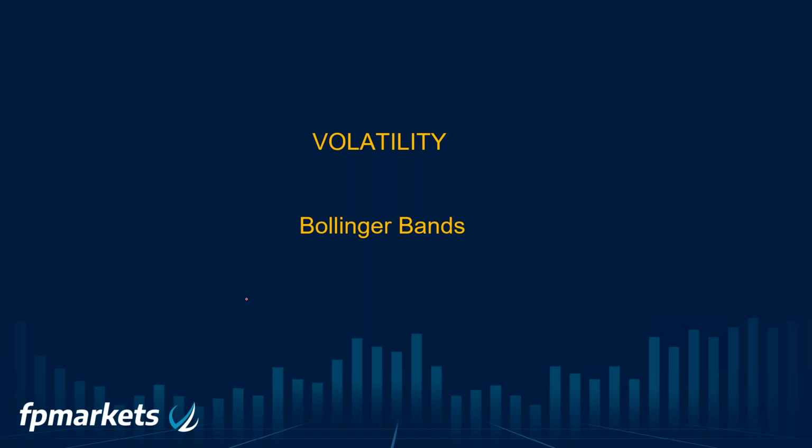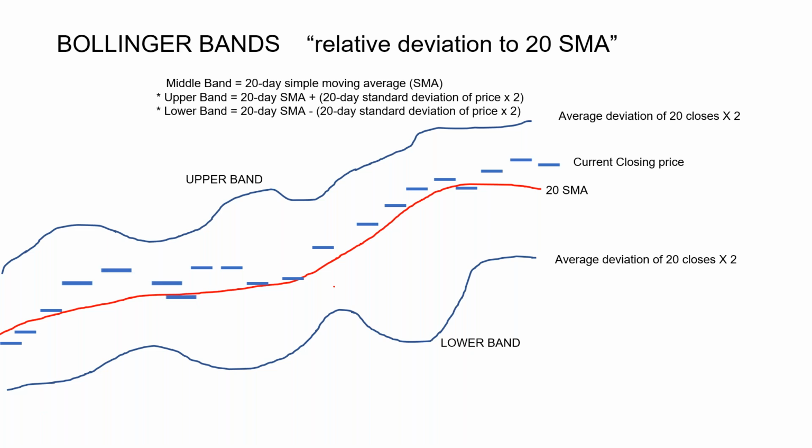Bollinger Bands, volatility. When we look at volatility in the market, Bollinger Bands give a lot of interesting information. Some of the better information is around looking at how volatility works in trends.